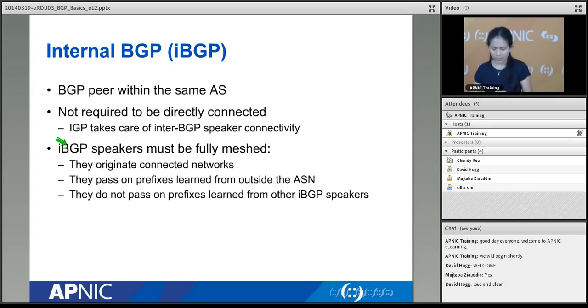So the result is you might have very huge amounts added onto your configuration if you have a lot of iBGP speakers on your network. What if you have 100? What if you have 1,000? Although it's not recommended to have more than 10 routers in iBGP, configuration-wise, if you do that, your configuration will explode.